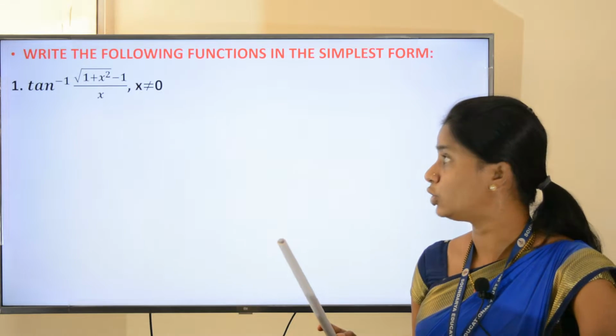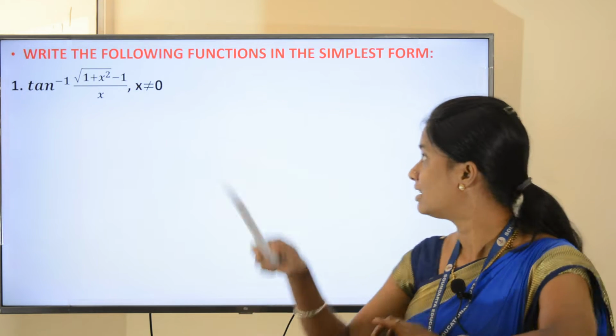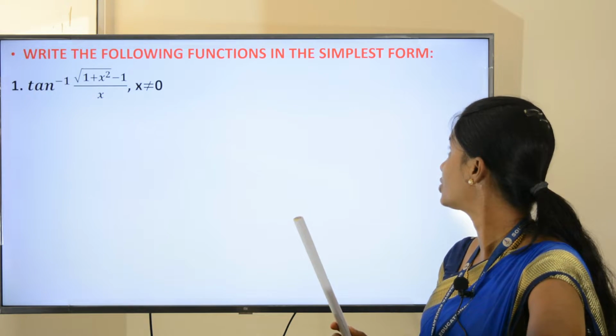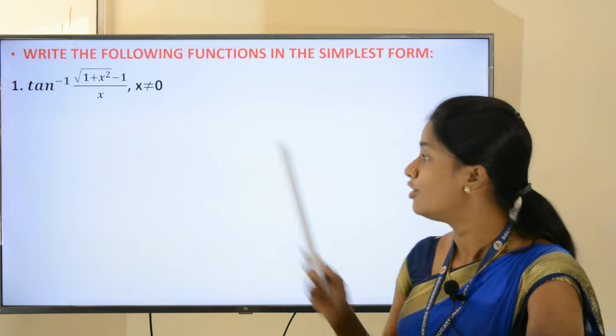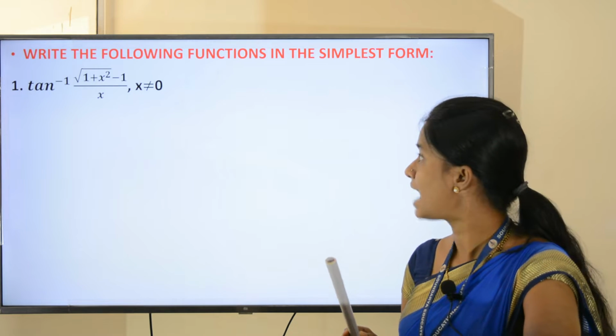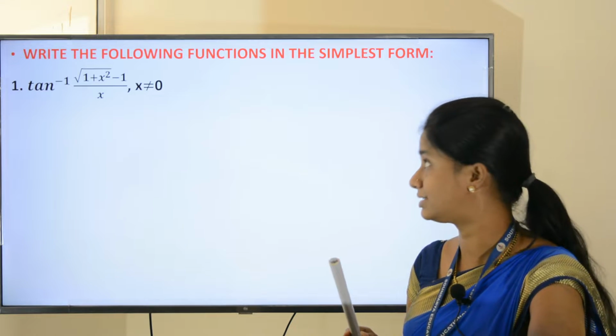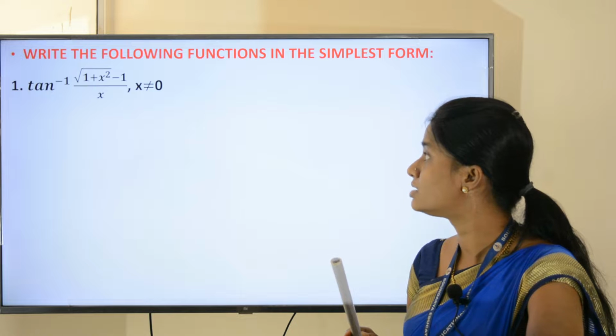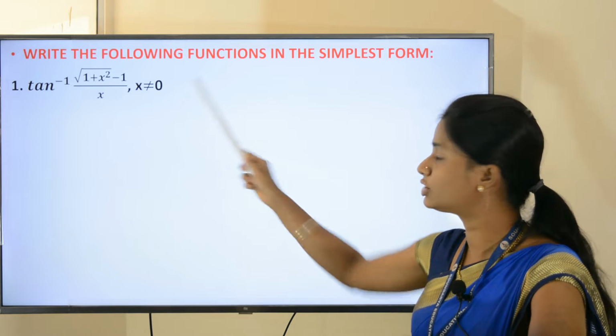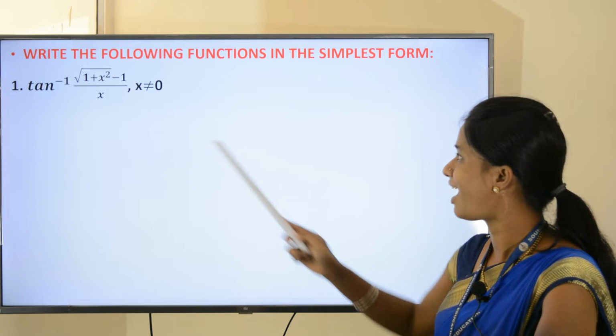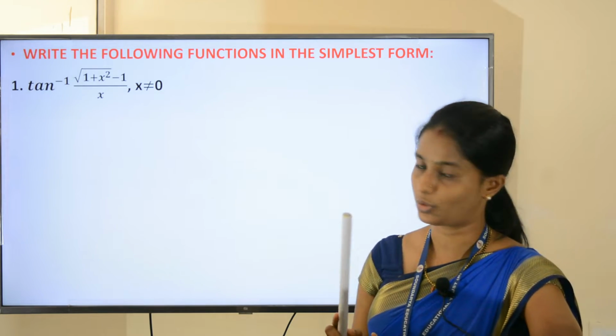Next we'll move on to the first problem, students, that is: write the following functions in the simplest form. First function is tan inverse of square root of 1 plus x square minus 1 divided by x, and x not equal to 0. Why have they mentioned x not equal to 0?